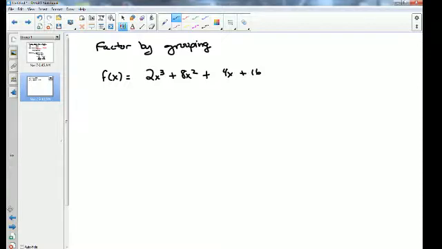Okay, factoring by grouping requires that you group. You see 4 terms: 1, 2, 3, 4, right? This is a 4-term method. Usually a cubic. Usually.